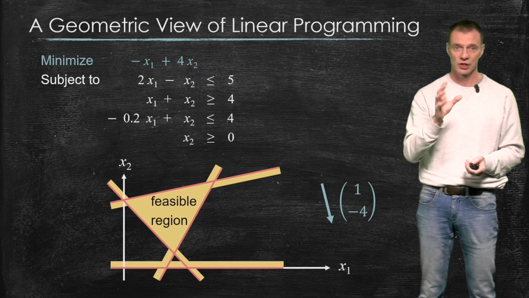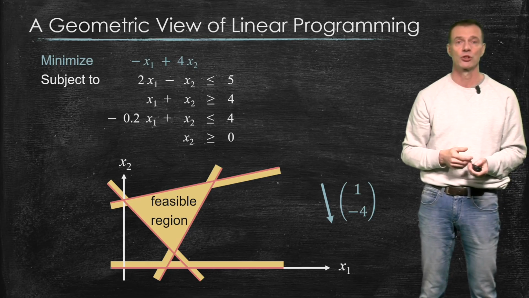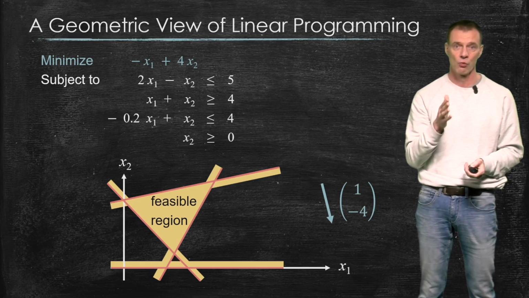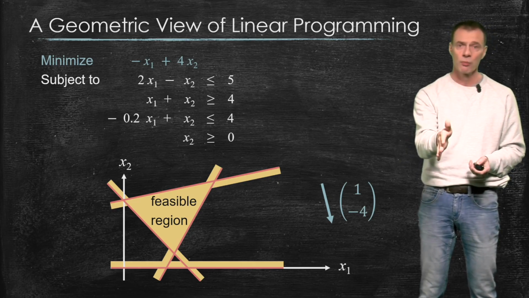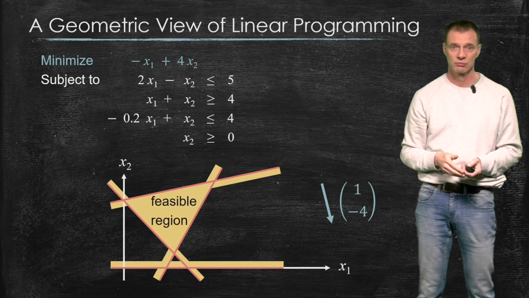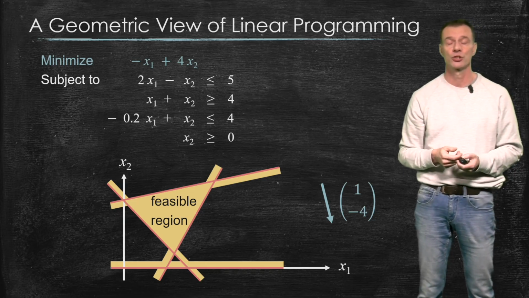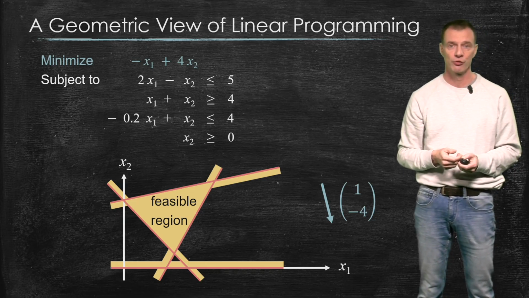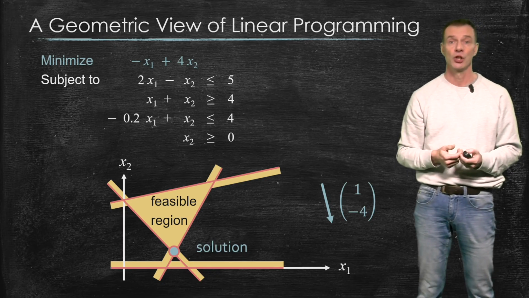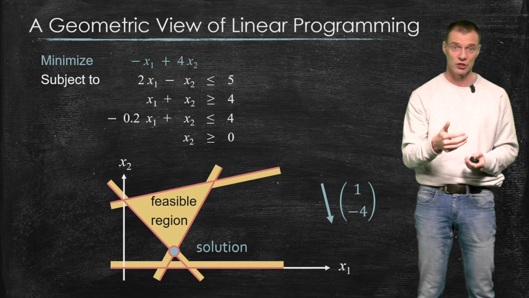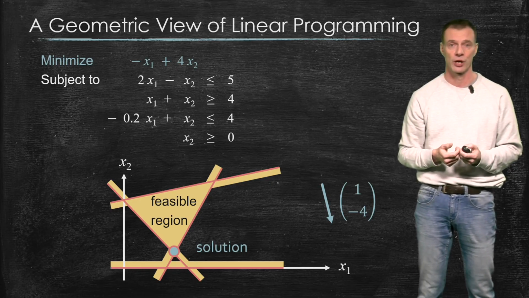That means if we switch the signs, because we want to minimize, we get a vector (1, -4), and we want to go as far as possible in that direction. But of course, our solution should lie inside the feasible region. So in this case, this would be the optimal solution. This is the solution to our linear program.